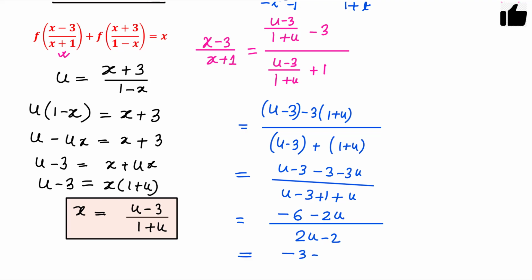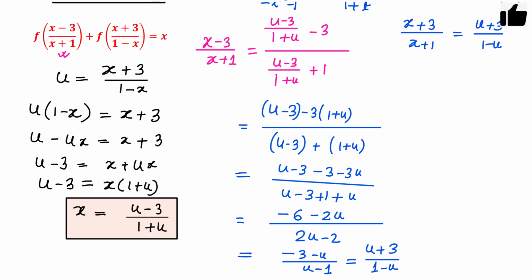So we will have (minus 3 minus u)/(u minus 1)... and if you multiply by negative sign, you will have (u plus 3)/(1 minus u). So now I have the value of this term, that is (x minus 3)/(x plus 1), in terms of u, and this equals (u plus 3)/(1 minus u).